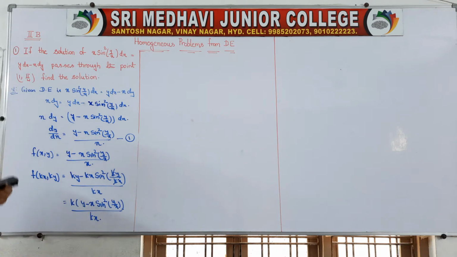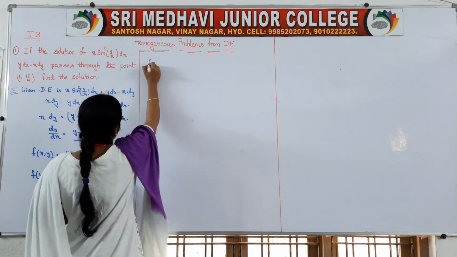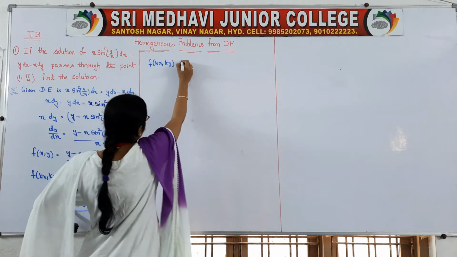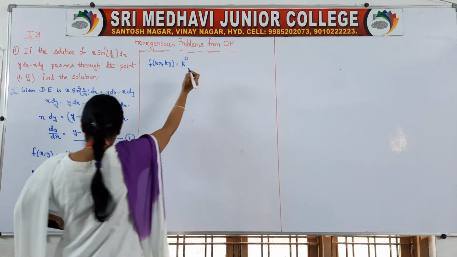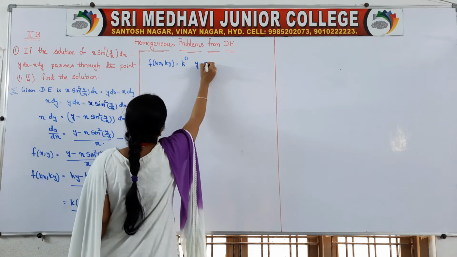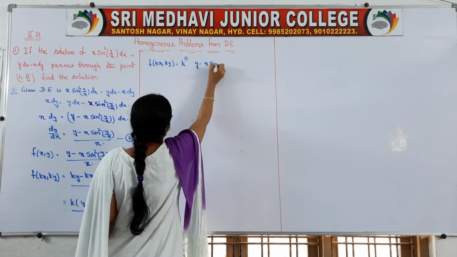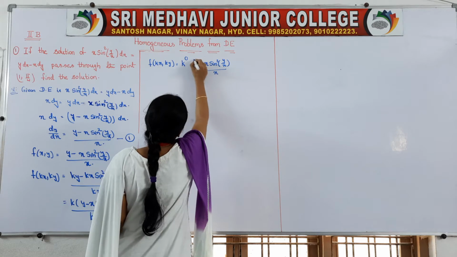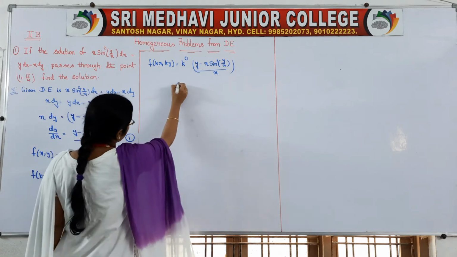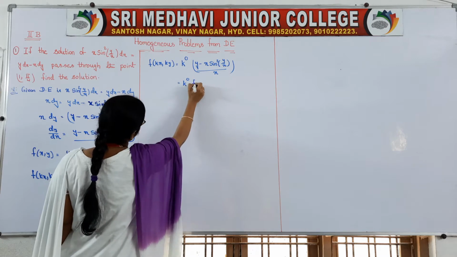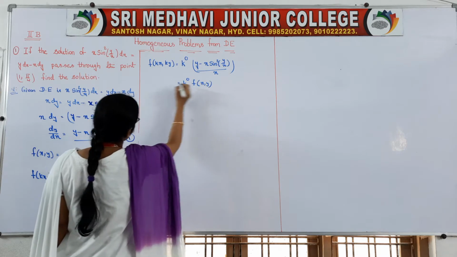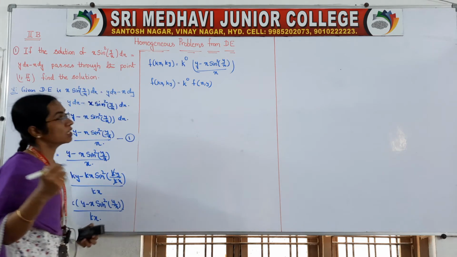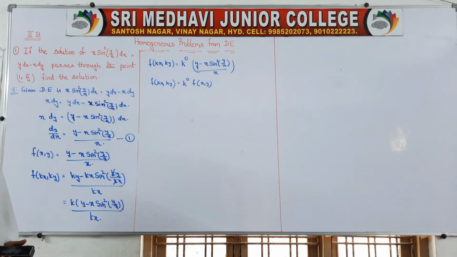So we can write f of kx comma ky is equal to k to the power of 1 minus 1, which is 0, into y minus x into sine square y by x, divided by x. So f of kx comma ky is equal to k to the power of 0 into f of x comma y.